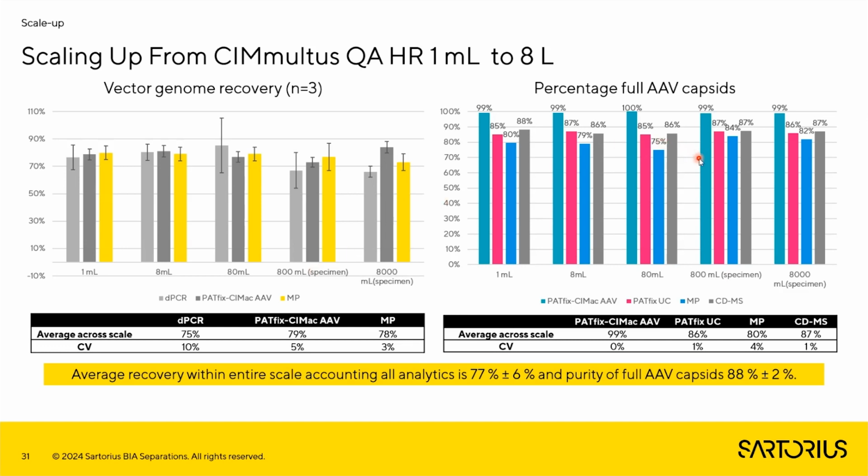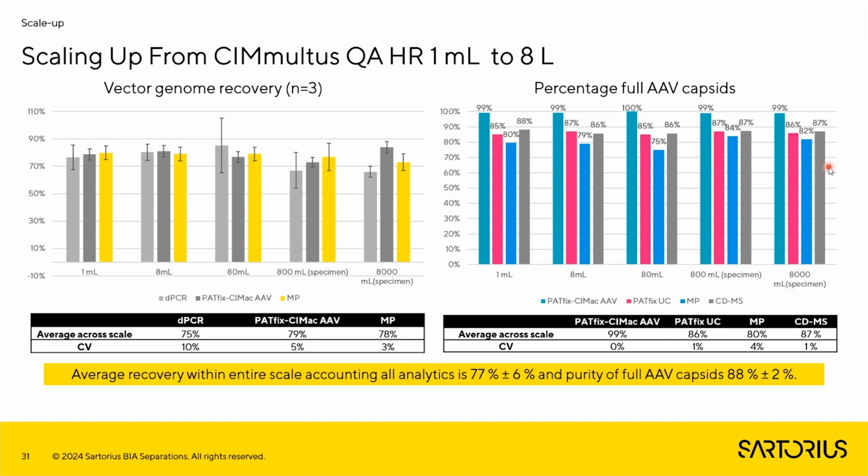On the other hand, we also have the percentage of full capsids. In this case, we added an additional analytic, the charge detection mass spec, which is the last in line, the gray color. Here we see that the PETFIX shows a somewhat larger percentage because it cannot fully separate the empty and the full, so there is still some overlapping of the two.